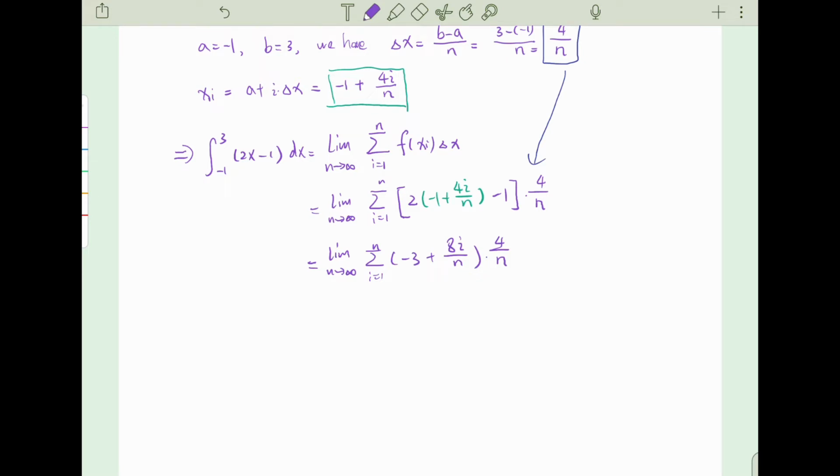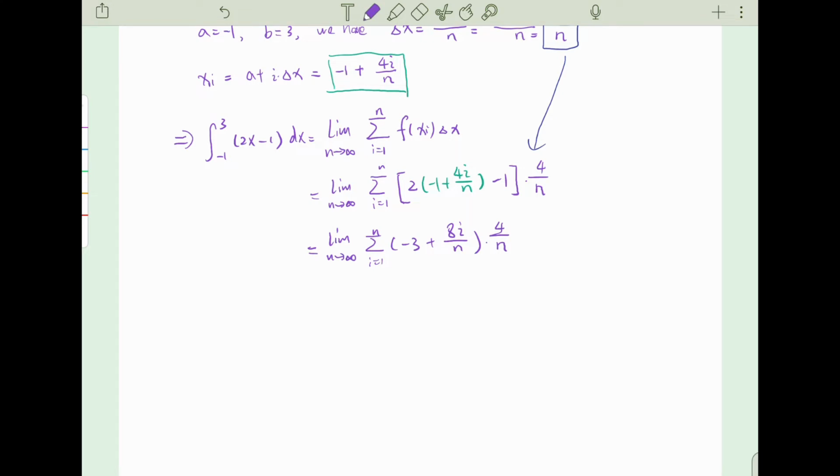And now we're gonna work on the summation. Okay, the summation is about i, so we're only interested in the i. So we're gonna separate those terms that have the i and those terms that do not. So that is obviously the first term and the second term.